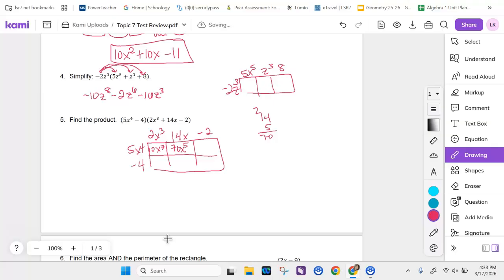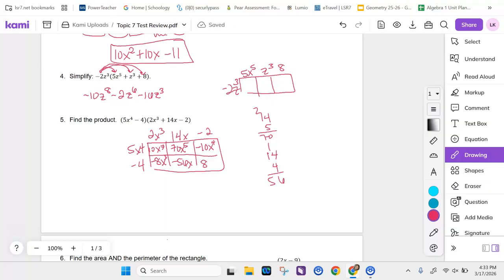5x to the fourth times negative 2 would be negative 10x to the fourth. Negative 4 times 2x to the third is negative 8x to the third. Negative 4 times 14x, so again, 14 times 4 is 56, negative 56x. Negative 4 times negative 2 is positive 8.